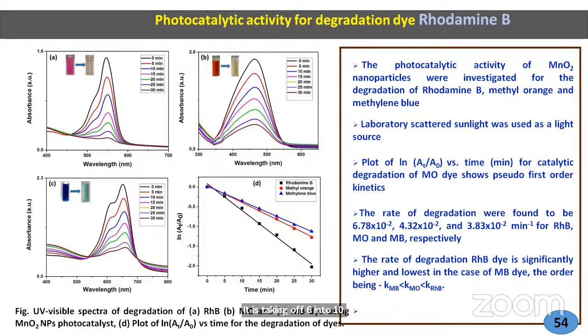The rate of degradation, particularly of rhodamine B, is significantly higher compared to the others, and lowest in the case of methylene blue. It depends on the manganese nanoparticles facilitating a much faster rate of degradation of rhodamine B dye.